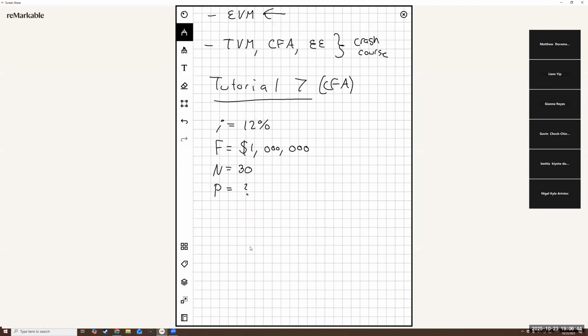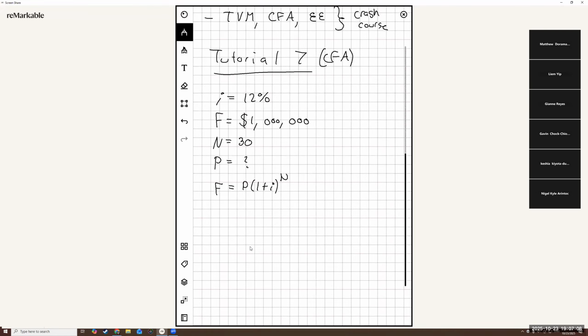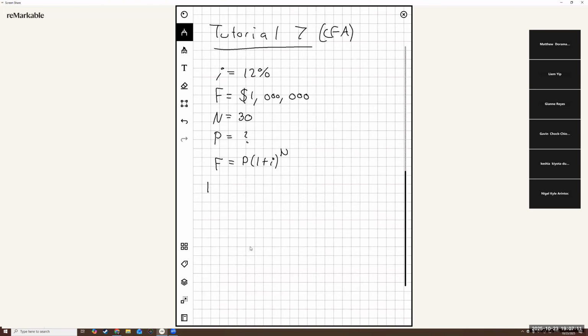So let us write the formula. The formula we have is the future value is equal to the present value times (1 plus the interest rate) to the power of n. And notice how we have everything except for our P value. So all we have to do is plug in our values and calculate P. So we have $1 million we want to end up with, P, which is unknown, times (1 plus 0.12) to the power of 30.